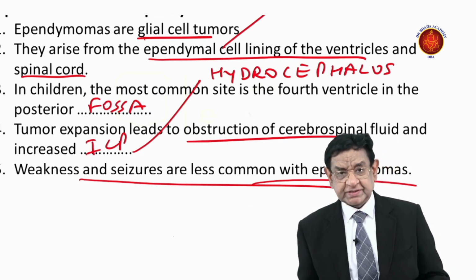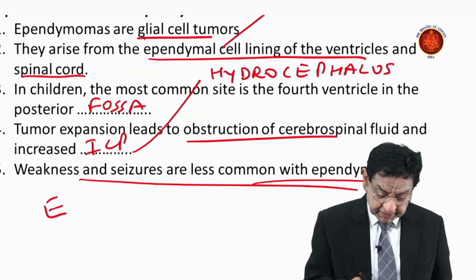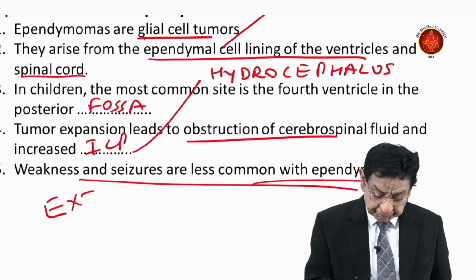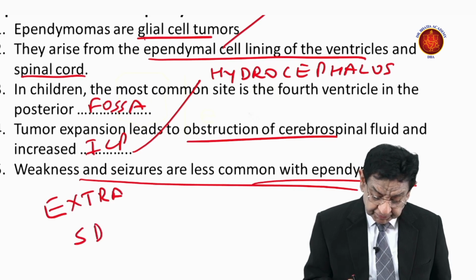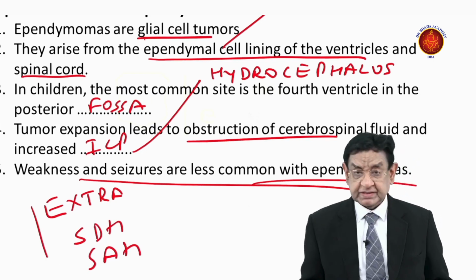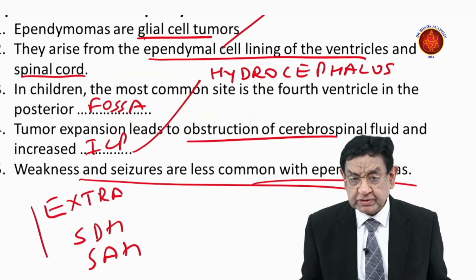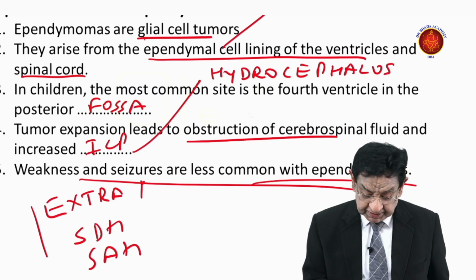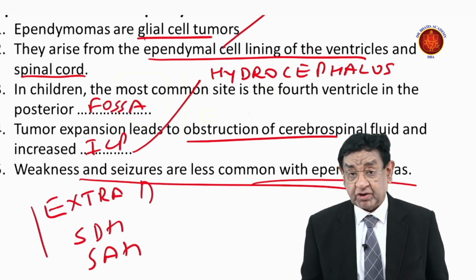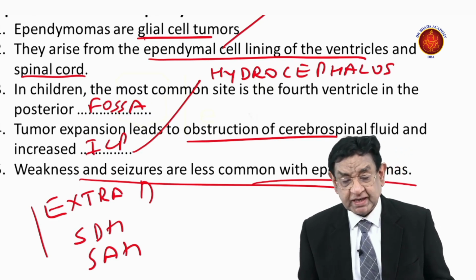Now the question is, out of the three sites, extradural, subdural or subarachnoid hemorrhage, this hydrocephalus is most likely to happen in which of the three conditions? Well, stop the video, write down the answer.